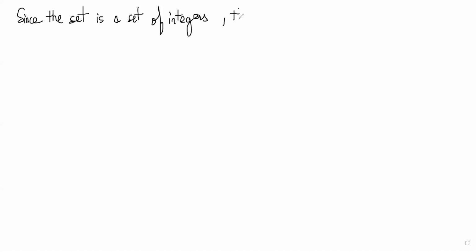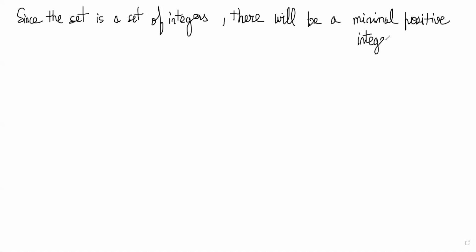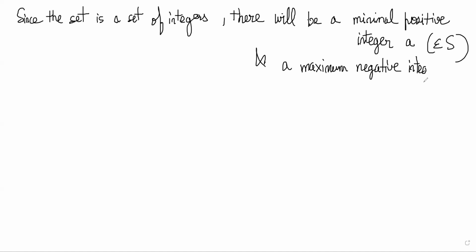Here we know that since the set is a set of integers, there will be a minimal positive integer A belonging to S and a maximum negative integer, or greatest negative integer, B, which belongs to the set S. Basically, what am I saying?